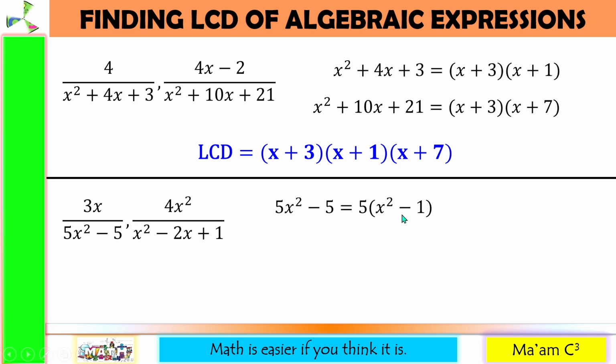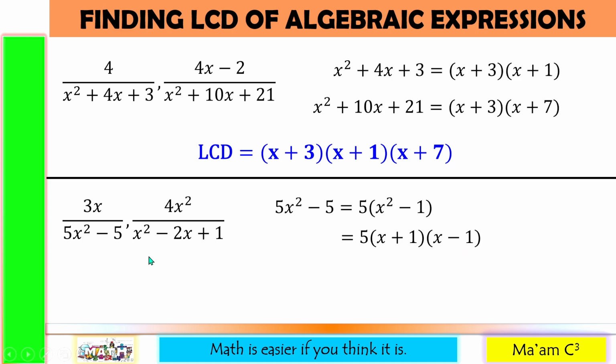But x squared minus 1 here is a difference of two squares, which also has its factors. The factors of this are quantity x plus 1 times quantity x minus 1. So the complete factored form of 5x squared minus 5 is 5 times quantity x plus 1 times quantity x minus 1.